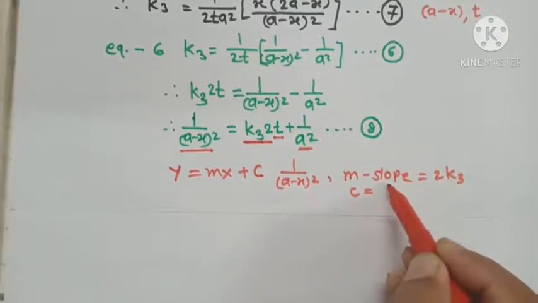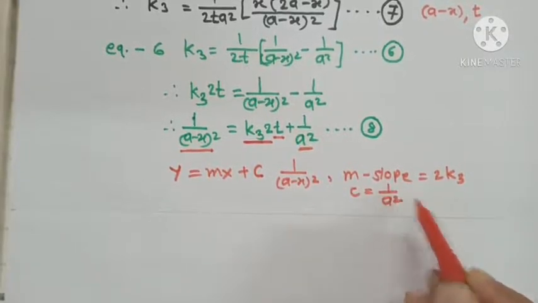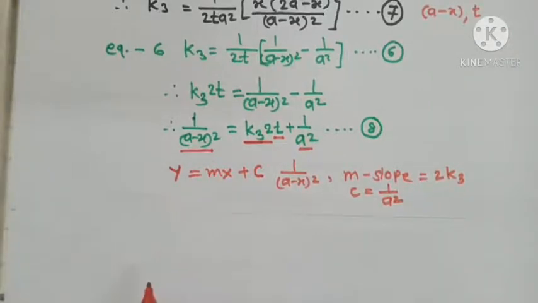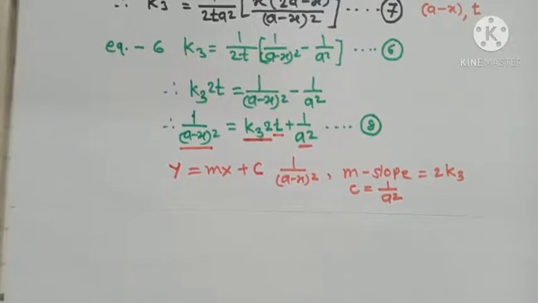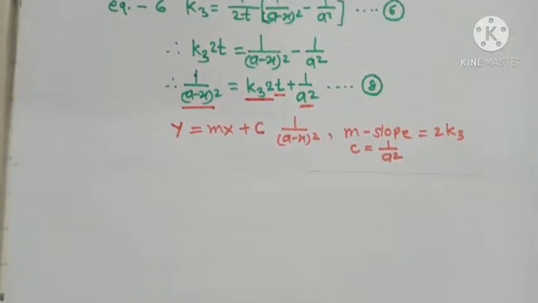So c is equal to 1 upon a square. So equation 8 represents the equation of line which has an intercept on the y-axis. So what can be done? If you have the practical data, you can plot a graph.